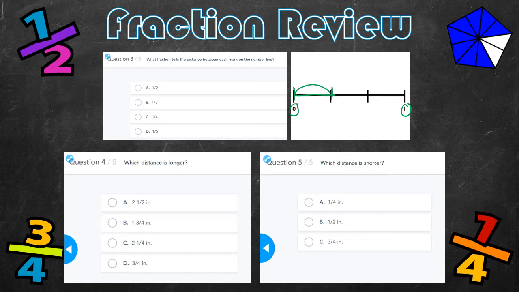I have 1 part, 2 parts, 3 parts, so I know that I'm counting by thirds. If I'm counting by thirds, then my unit fraction for each part is 1/3. So the amount of space between two marks on the number line is 1/3. My answer would be B, 1/3.